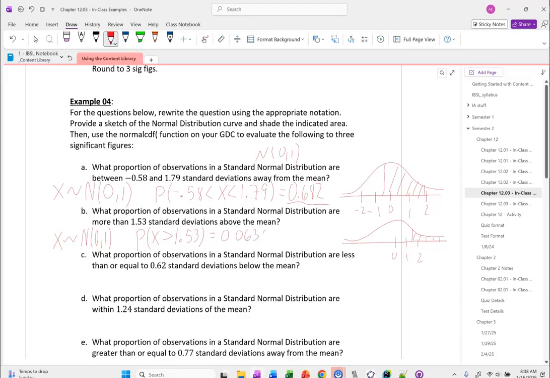Oh, this is what I get. The lower is 1.53, right? I had it like the one before that, and then yeah. There it goes. Okay, yeah.